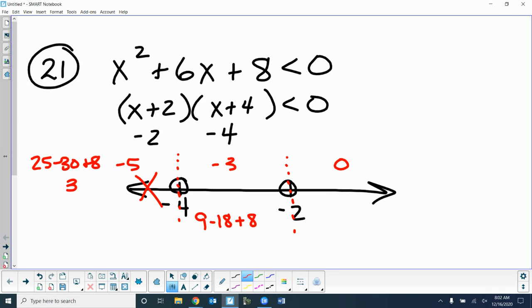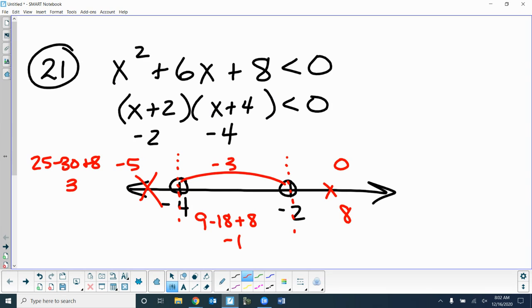So 9 minus 18 would be -9, plus 8 would be -1. That is less than 0. So I'd connect those. Then when I put 0 in, I'd get 0 squared, 6 times 0, 0, so it's just the 8, and 8 is not less than 0. So that's what our graph would look like.